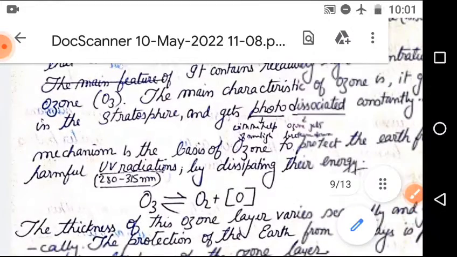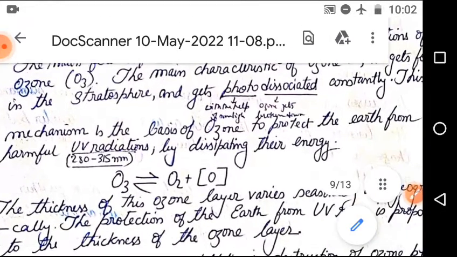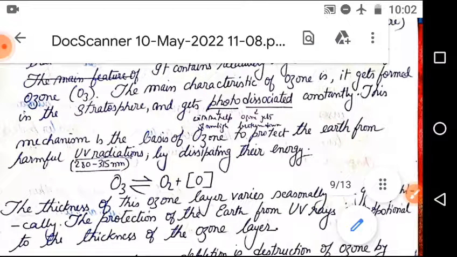The problem is that humans are nowadays using substances which break the ozone layer more rapidly. So the rate of dissociation has become more than the rate of formation of the ozone layer, and that's the cause of ozone depletion.